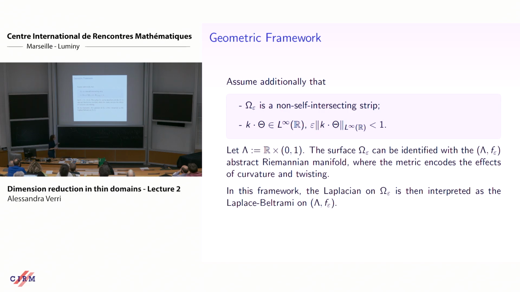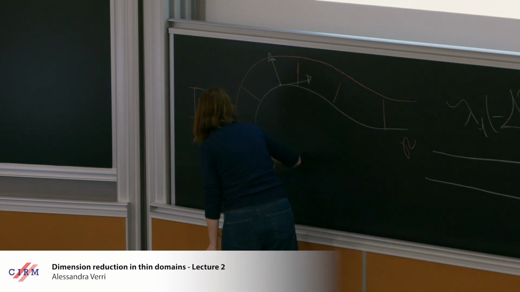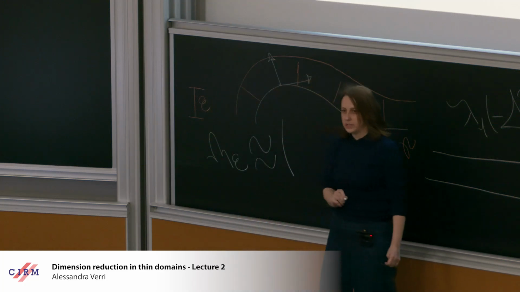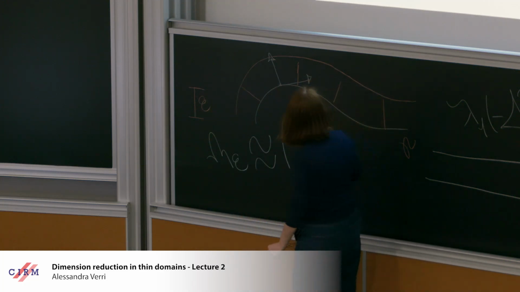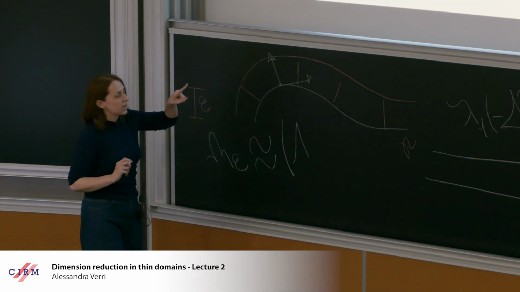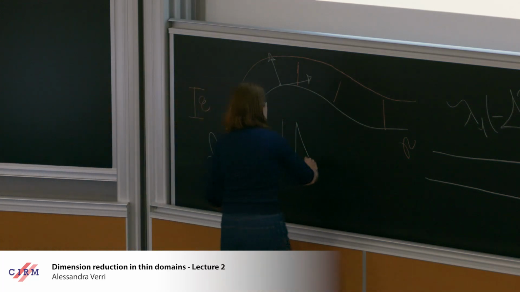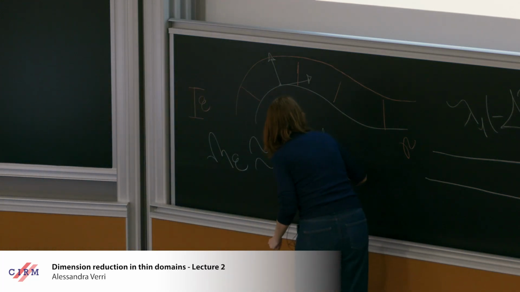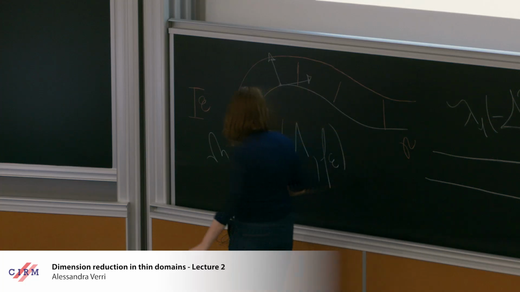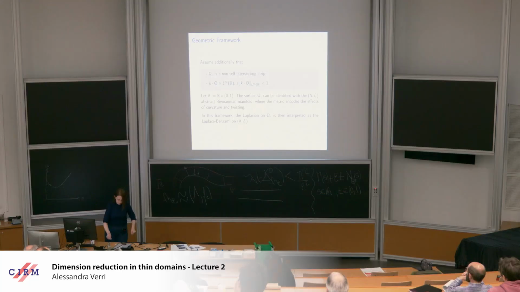It's possible to prove that our regions can be identified with a Riemannian manifold, which is Lambda. Lambda is R times the interval from 0 to 1, and the Riemannian metric here is given by the function f epsilon that appeared before.